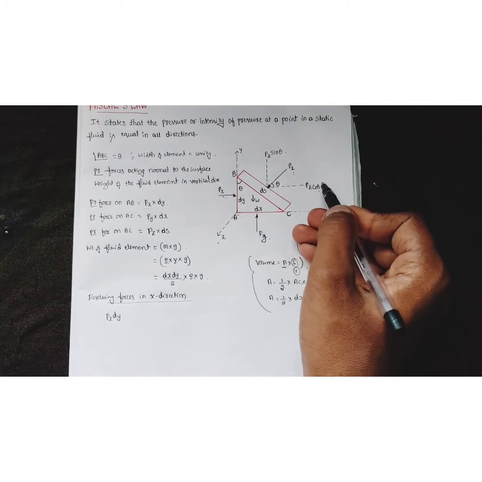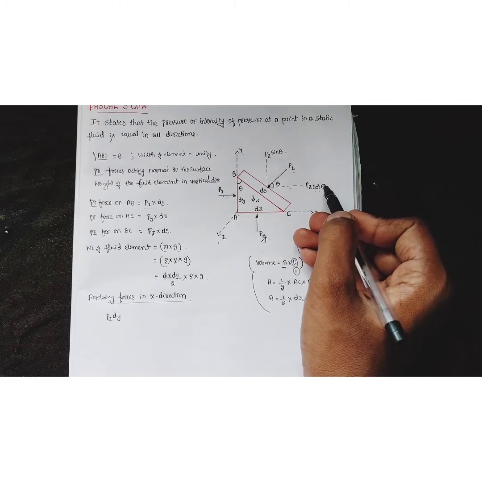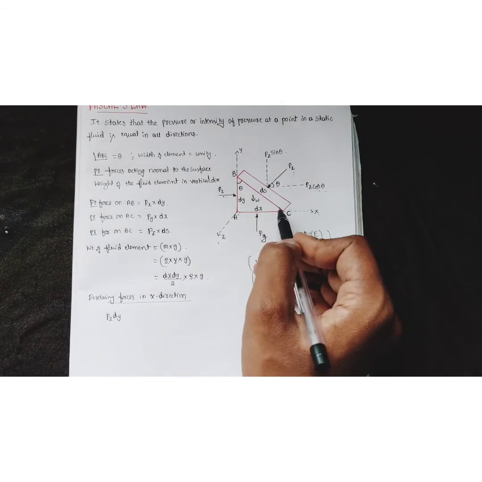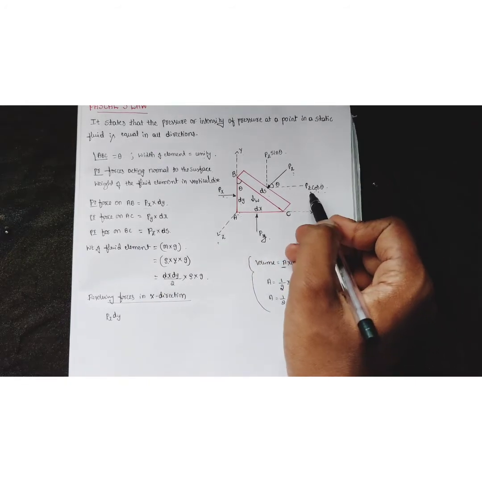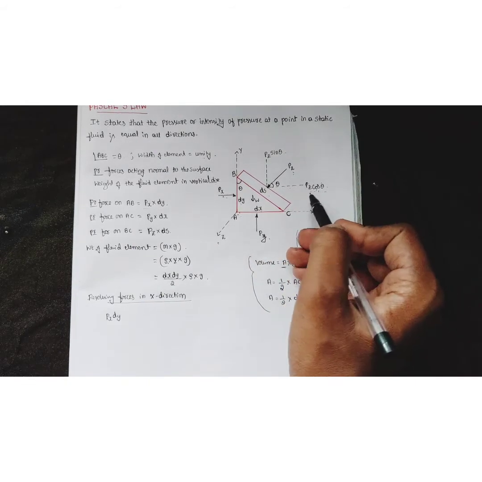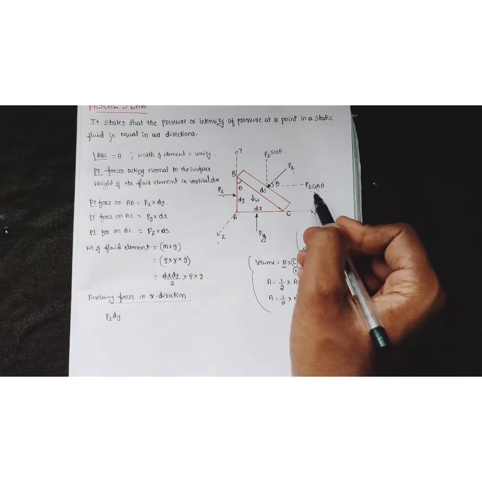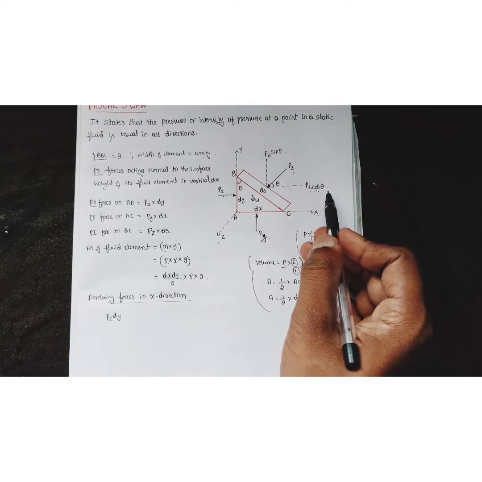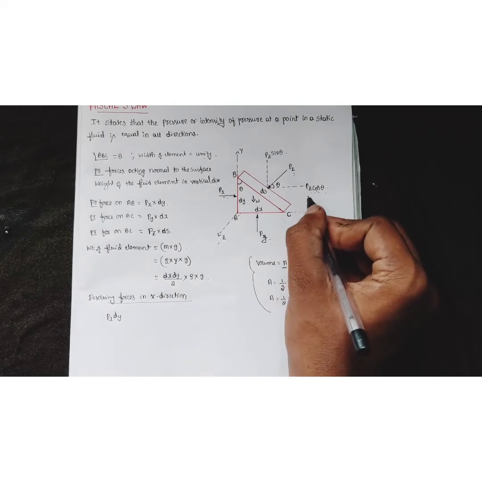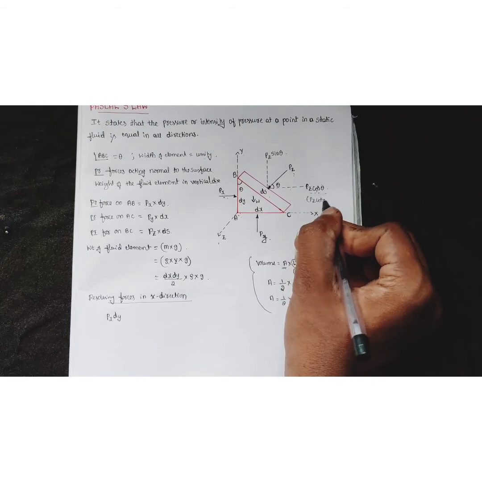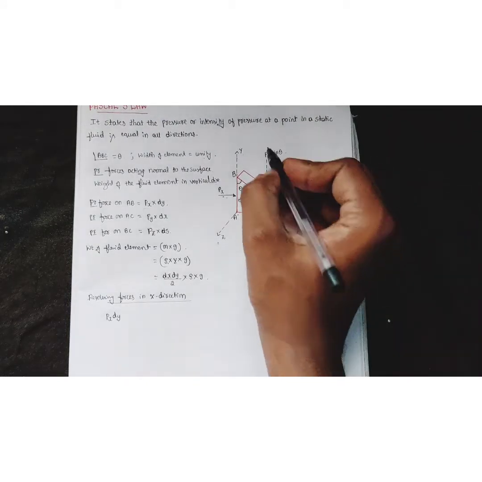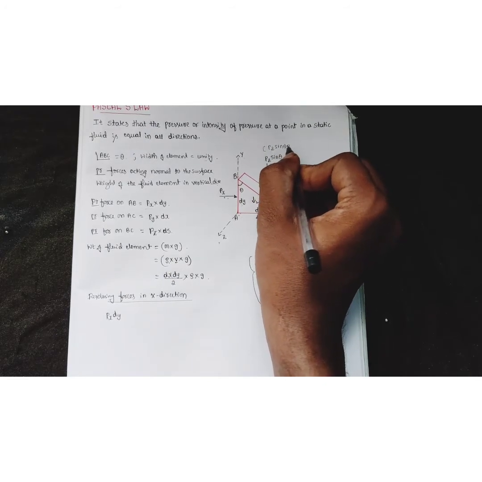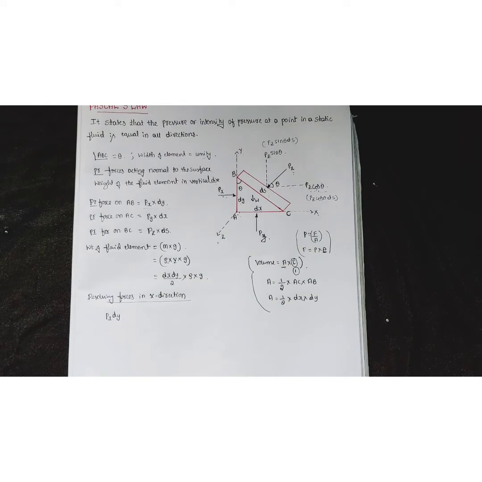To get the pressure force, we multiply by ds, the length. So the force in the x direction is Pz cos theta into ds, pressure into the length. Here also Pz sin theta into ds. These are all the forces we have.